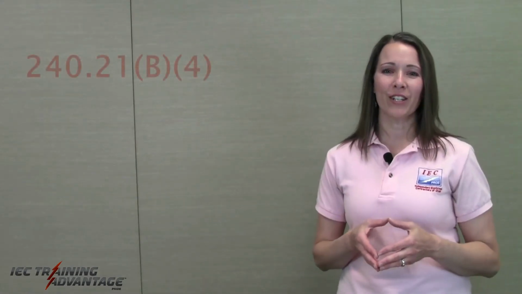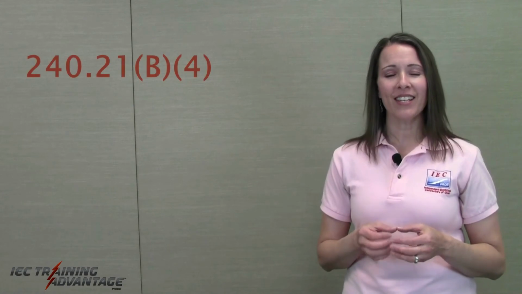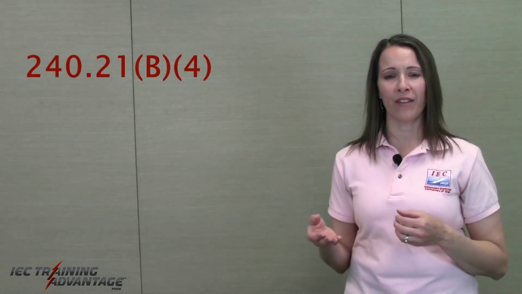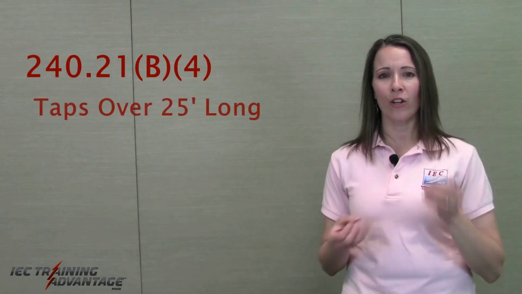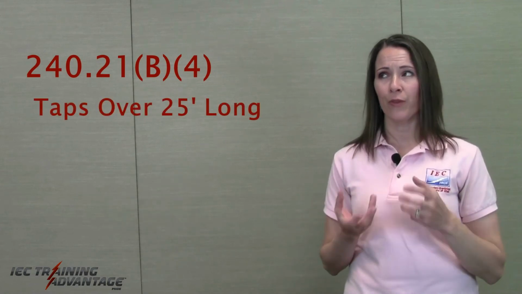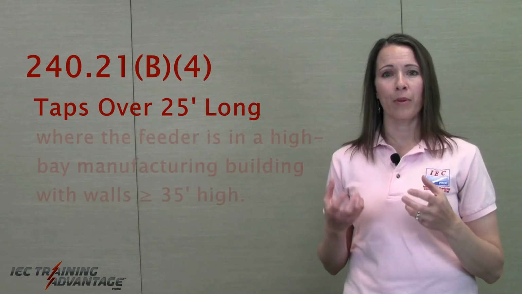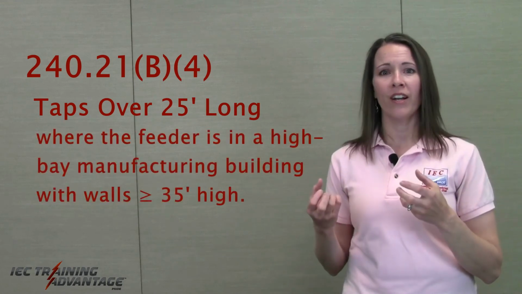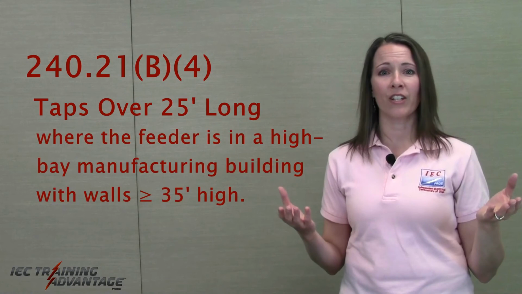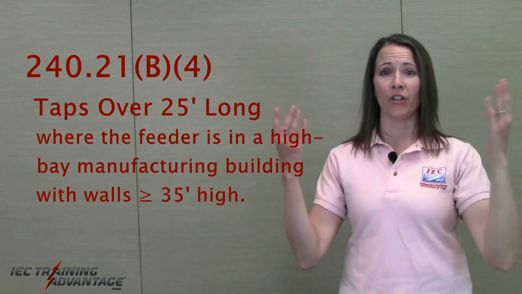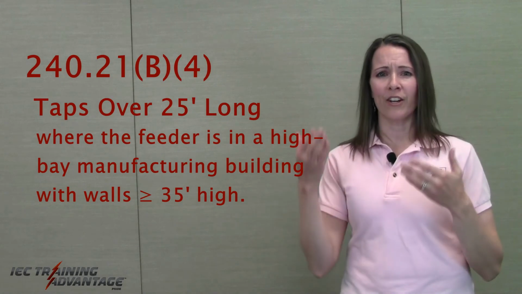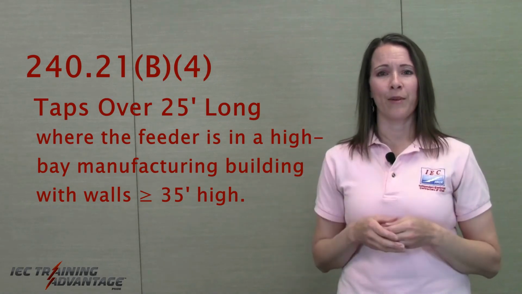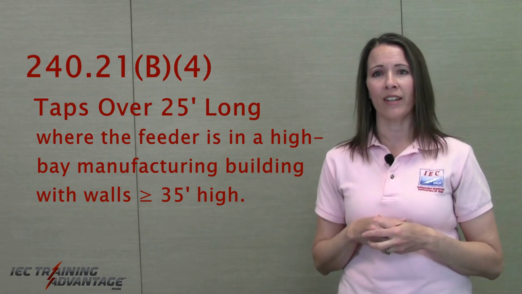On to 240.21(B)(4). This is taps that are over 25 feet long. This is kind of an obscure section because it only applies to feeder taps supplied from a feeder that is in a high bay manufacturing building with walls that are over 35 feet. So if you ever come across the scenario, here are the rules, but it is kind of an obscure section.